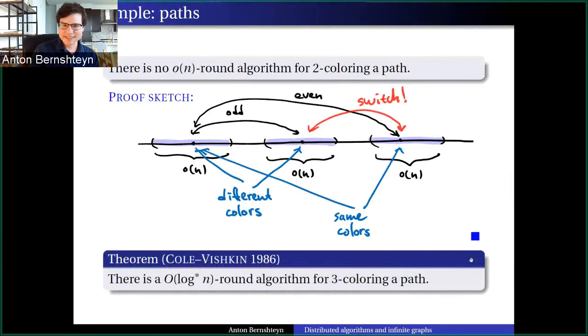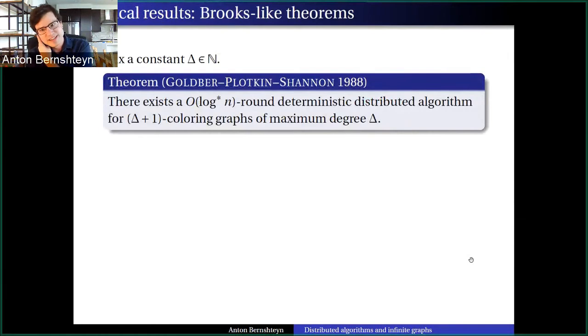And it's not only that the techniques are similar, the results also sort of parallel each other, you can observe. So, for instance, suppose we're looking at graphs of maximum degree delta, where delta is a constant independent of n. How many colors do I need to color such a graph with an efficient local algorithm? Well, I can do it really efficiently with delta plus 1 colors.